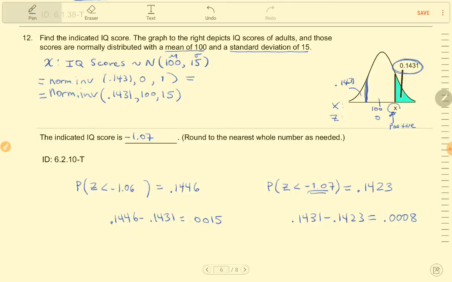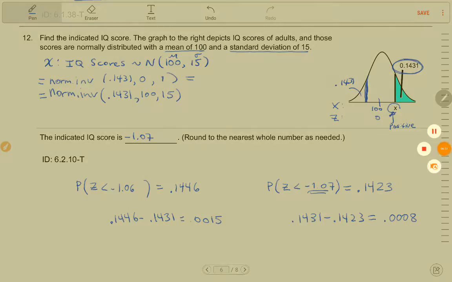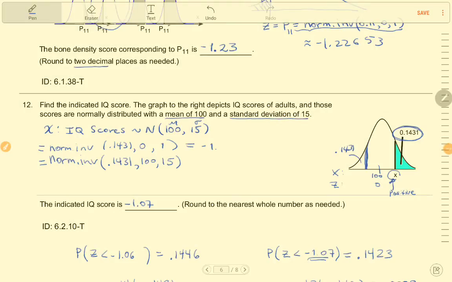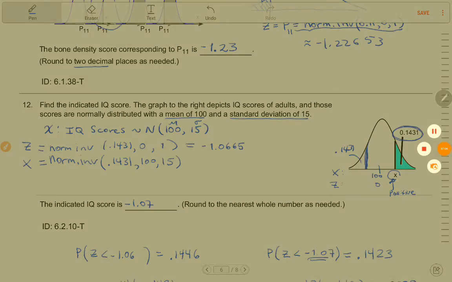So the z-score, let me just figure that one out in Excel real quick. Negative 1.0665, which rounds off to negative 1.07. So that's what I got from Excel using a mean of 0 and a standard deviation of 1. So that's a z-score. Right, so that's a z. Now the x value, I would get that by doing 100 as my mean and 15 as my standard deviation. So let me do that and come right back.